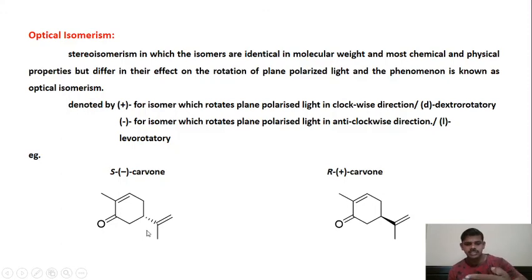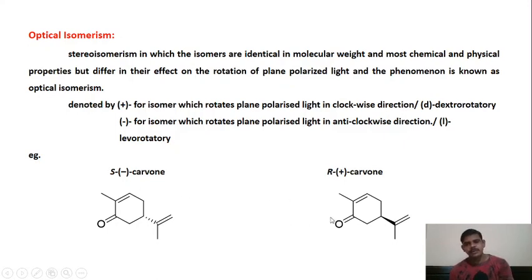Suppose this is the plane of the molecule, the group attached here is coming towards you, in the direction of the laptop screen, and the group attached to the dotted line is going back. In the plus carbon, this is the plane of the molecule and this group is coming towards me, above the plane.